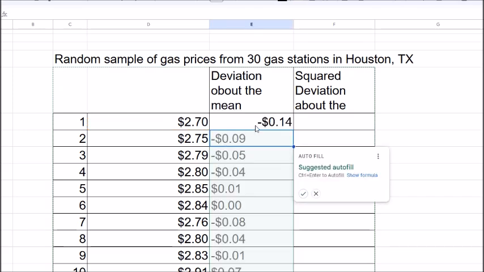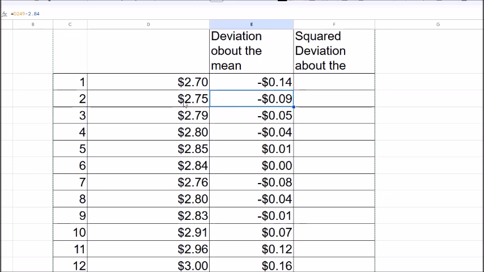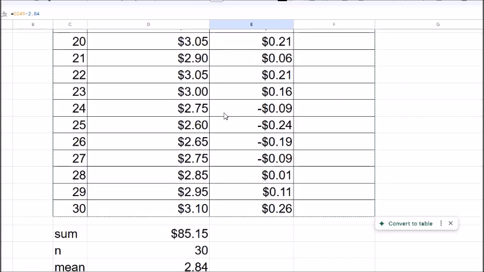This is called the deviation about the mean, and we'll go ahead and autofill. For this data right here, the deviation about the mean is negative 0.09, meaning it's 9 cents below the sample mean. And this is the rest of it.